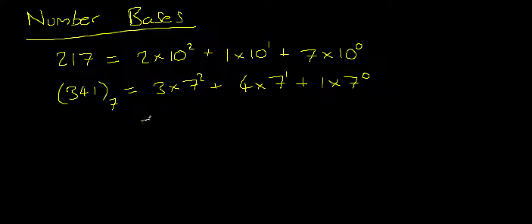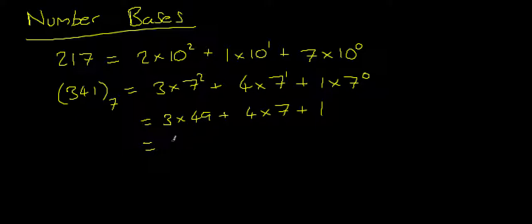So what's this equal to? 7 squared is 49, so this is 3 times 49, plus 4 times 7, plus 7 to the 0 is just 1, so this is 1. 3 times 49, that's like 3 times 50 minus 3.